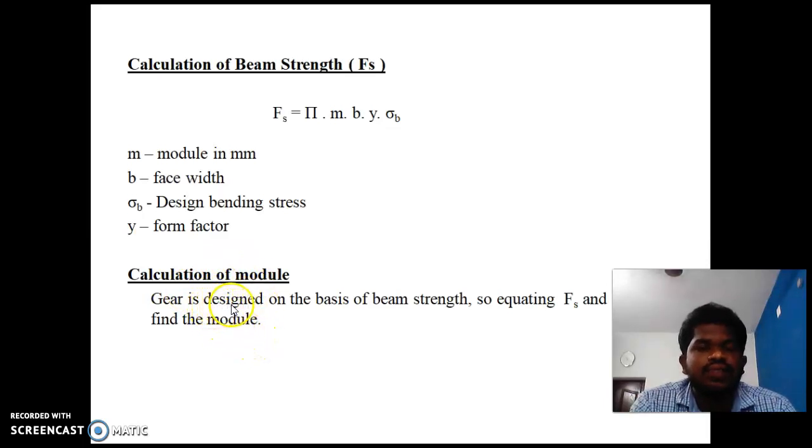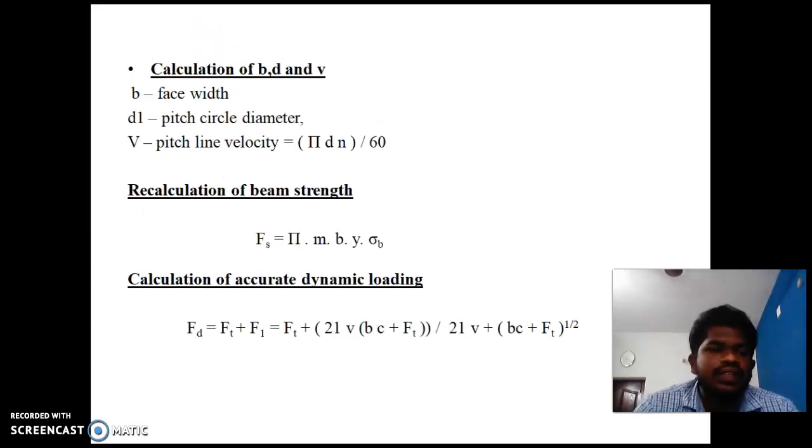The gear is designed on the basis of beam strength. So we take the beam strength equal to dynamic load. We equate the previous two formulas, Fs equal to Fd, Fs beam strength, Fd dynamic load value. Equate these two equations and we can calculate the module value.